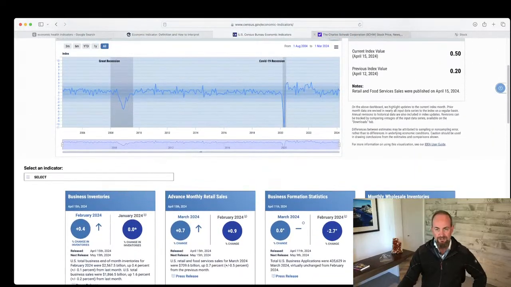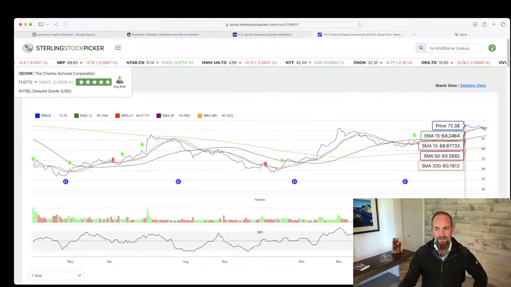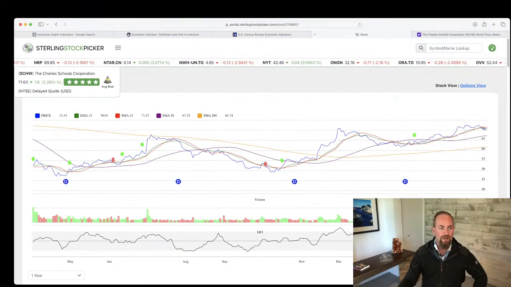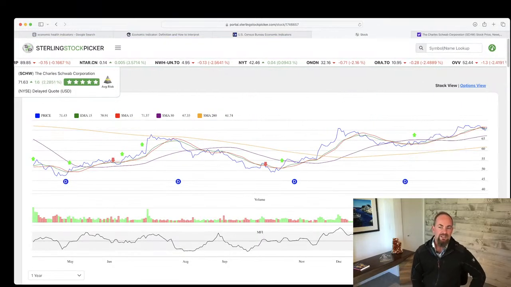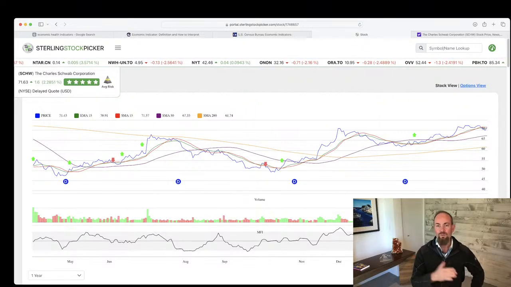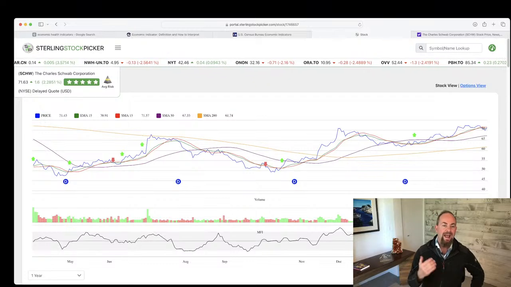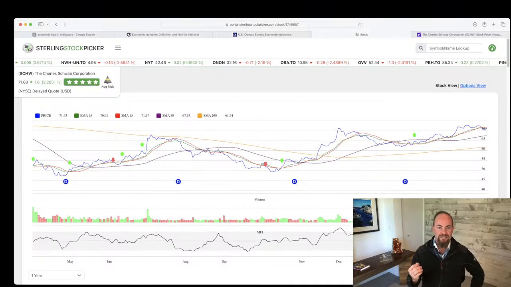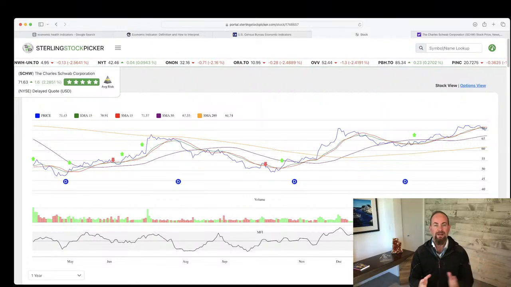And I want to, it's this company here, Charles Schwab. As I think about this equity market and how well it's done and how much these companies have brought in in terms of assets under management, Schwab acquired TD Ameritrade a few years ago.